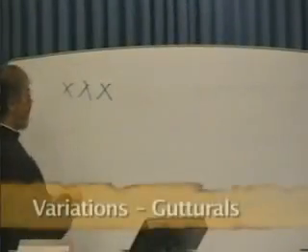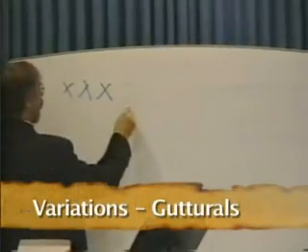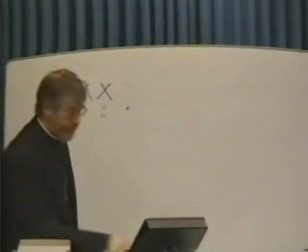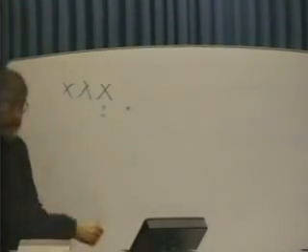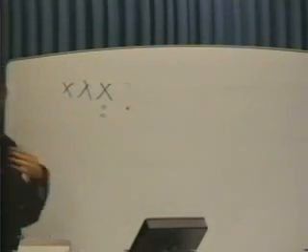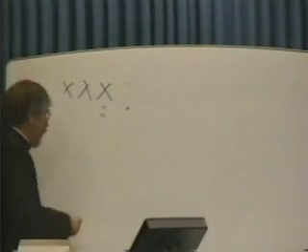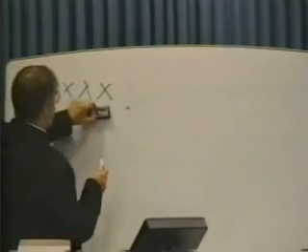Okay, we've got three root letters. Under our normal rubric, it should be yik, but this is a closed syllable, and because of the influence of the guttural, which has to be pronounced because it's so far back in the throat, we can't really close the syllable with a guttural.